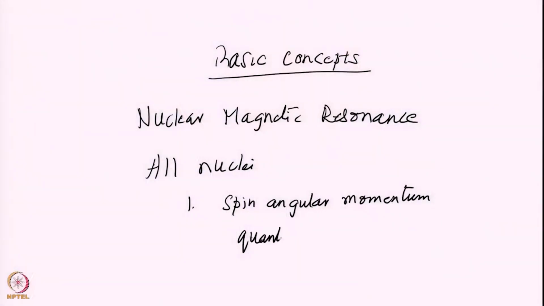This is quantized. What does that mean? It has very discrete values. We said this is quantized, which means it can only take discrete values.